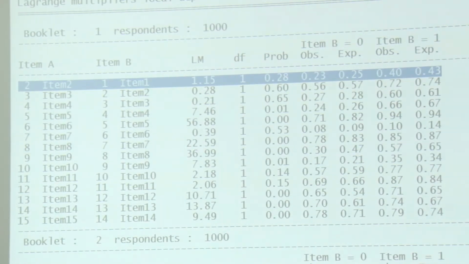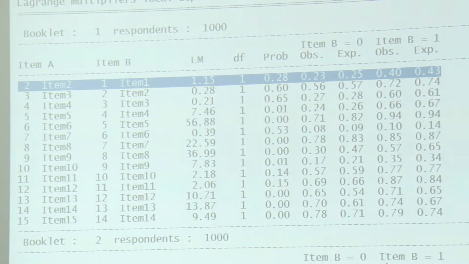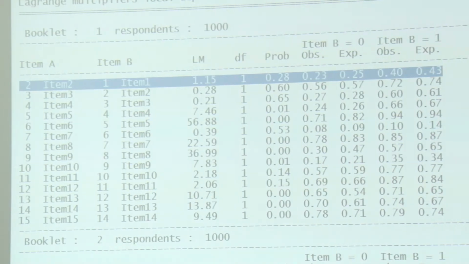And then you have the average score on item 2 for people who score 0 on the previous item, and the average score on item 2 for people who scored a 1 on the previous item. And these two numbers are then compared with the expected value under the model, and that gives an indication of the extent to which the local independence assumption is violated.